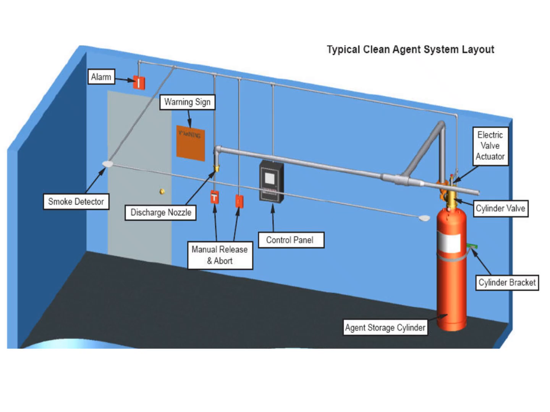Through a control panel or manual release and abort system, the nozzle discharges the gas in the area, and before that, it provides a warning sign and alarm. All this system is activated when a smoke detector provided in the area ascertains the existence of a large fire in the system.